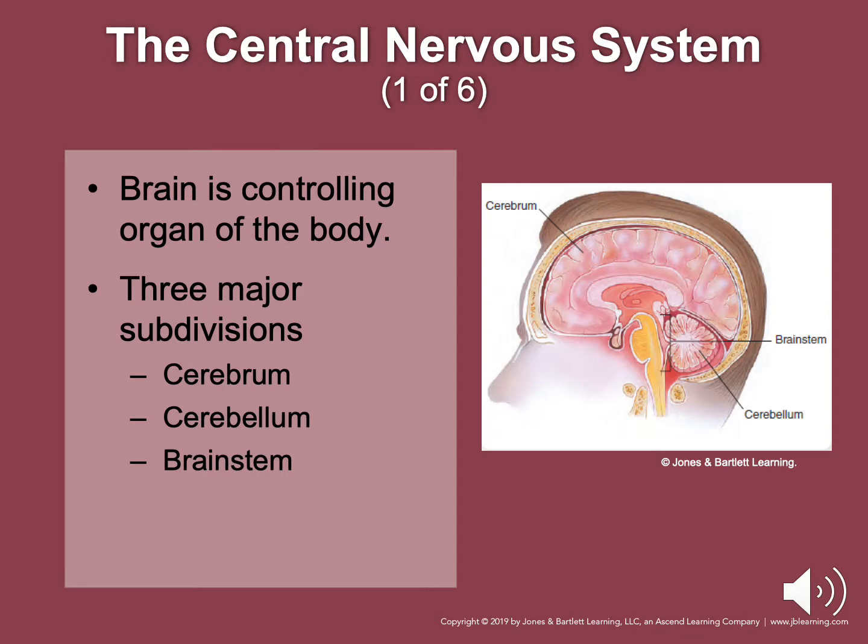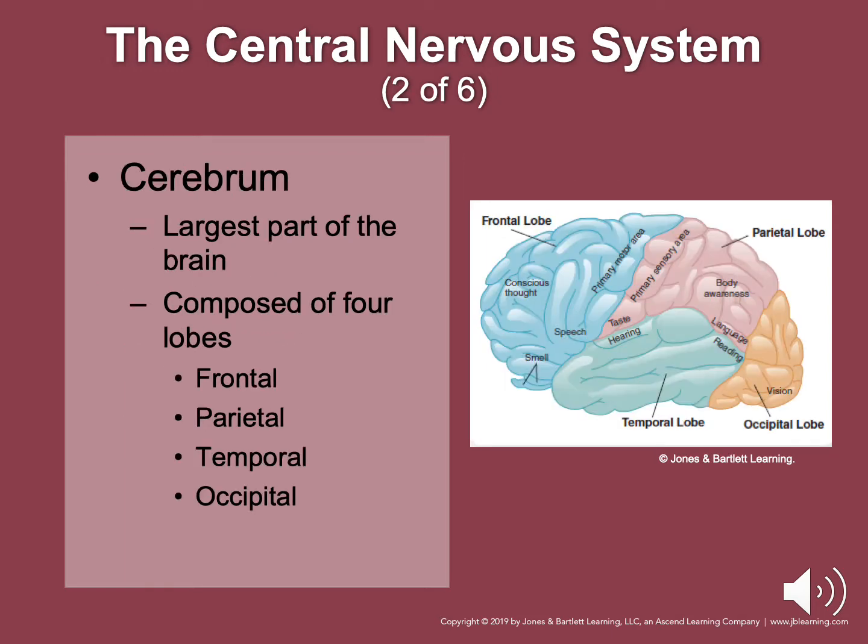So the spinal cord is an extension of the brainstem. It contains nerve cell bodies, and its nerve fibers transmit information to and from the brain. So the principal function is to transmit messages between the brain and the body. The meninges enclose the central nervous system.